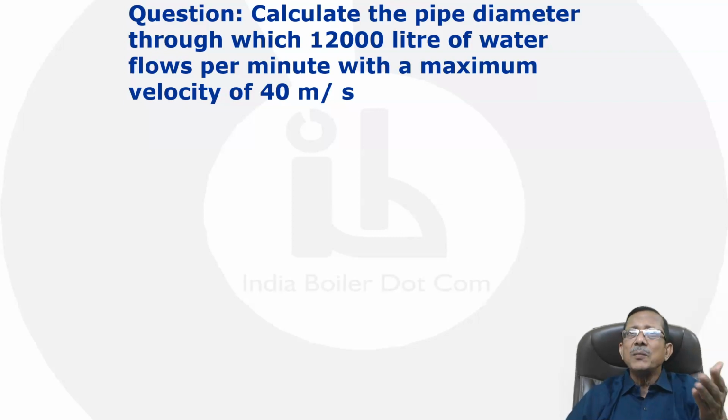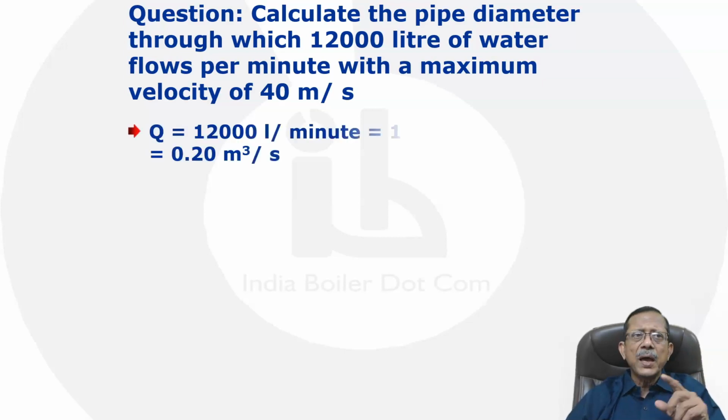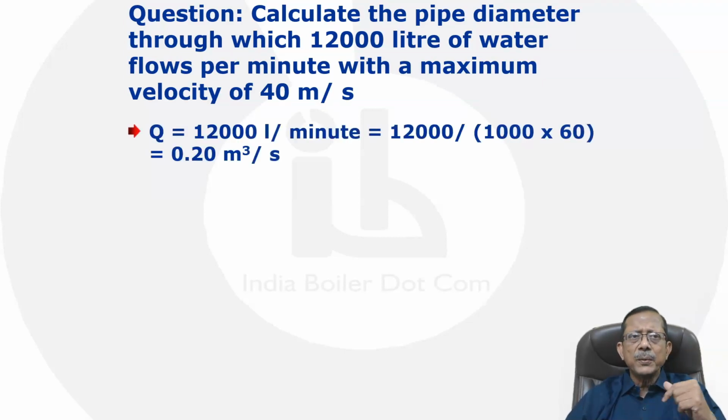I need it in meter cube per second. It is very important to have the proper units in mind, right? Because if I want to find out the diameter, I have to find out the area in meter square. So the volumetric flow has to be in meter cube per second if the velocity is given in meter per second.